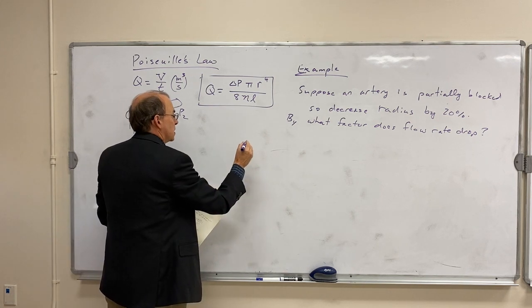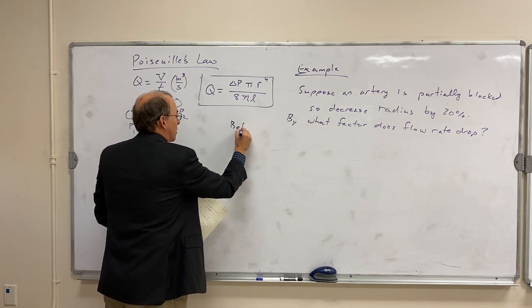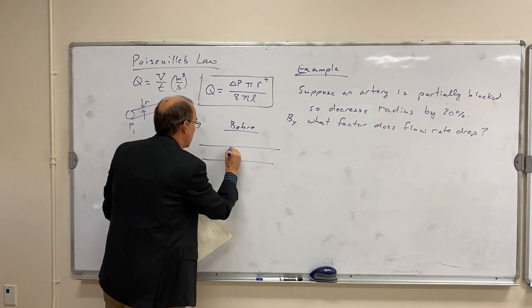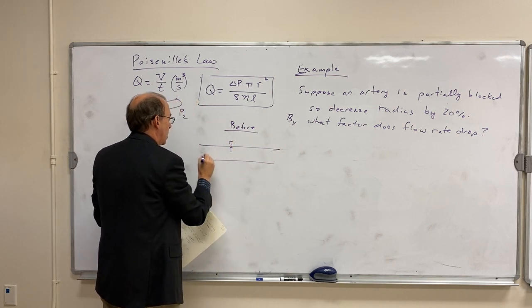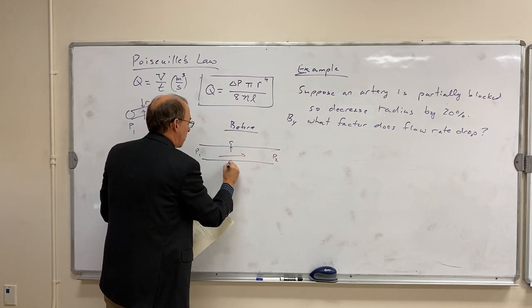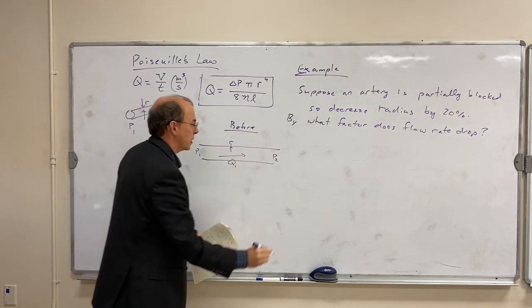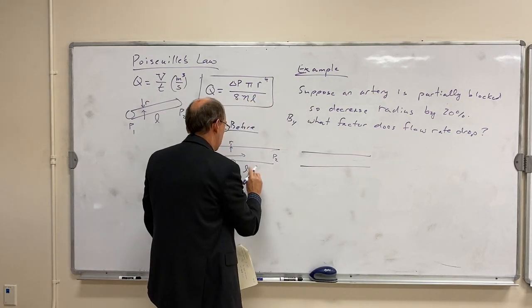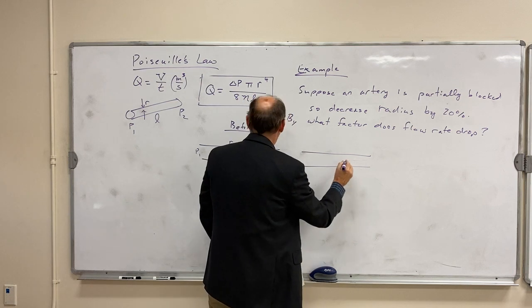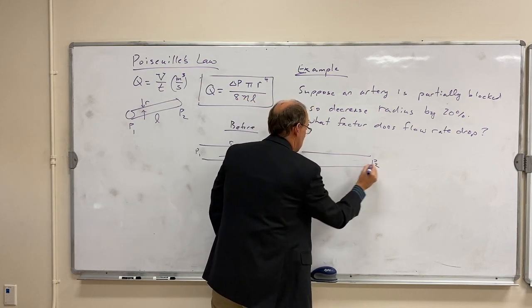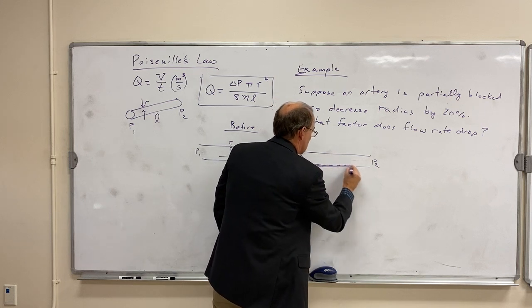So just to be explicit here, before the blockage, here's what you had. Had an artery like this, had a radius R1, had a P1 and a P2, and you had a flow rate through it, Q1, and a length L. After the blockage, you still had a P1, a P2. Now it's blocked a little bit.